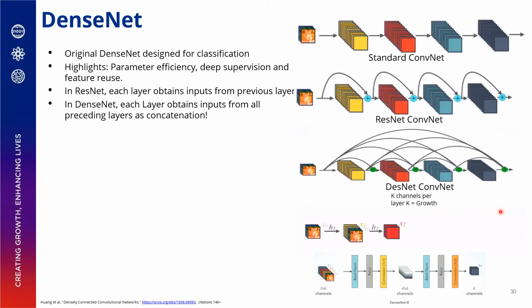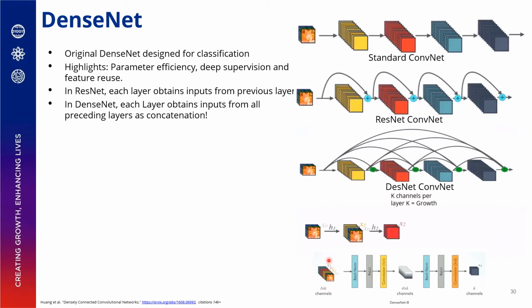Now, to keep this to a reasonable size, what you do is run a one-by-one convolution in between to keep it in check. So let's say after your X3 over here, you have L times k channels, right?